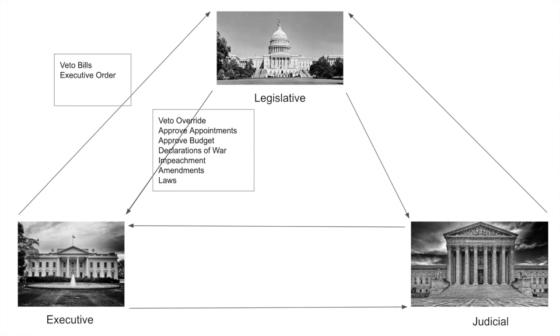So the amendments one is a little bit of a harder road to hoe, but you can still get there, and that still would, if an amendment got passed, say, hey, now you can only serve 2 terms as president, for example. So that's always an option.